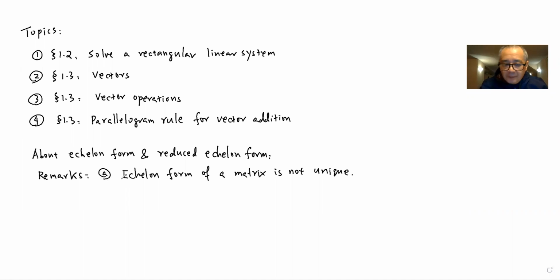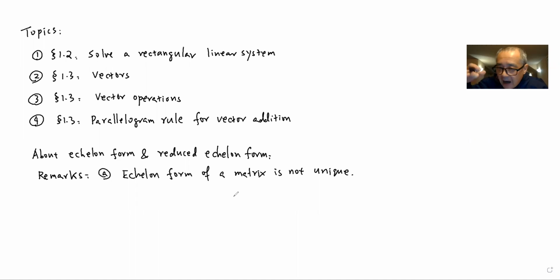Remark number one: epsilon form of a matrix is not unique. Not unique, that means there are many epsilon forms.